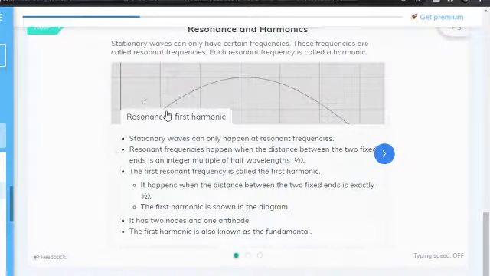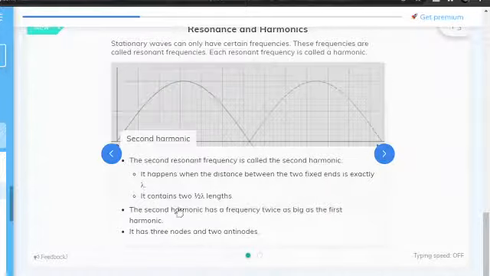Okay, resonance, the first harmonic. Stationary waves can only have resonant frequencies. The resonant frequency happens when the distance between the two fixed ends is an integer multiple of half a wavelength. The first resonant frequency is the first harmonic, so that is the lowest frequency possible.